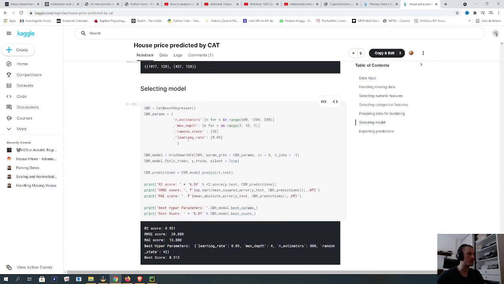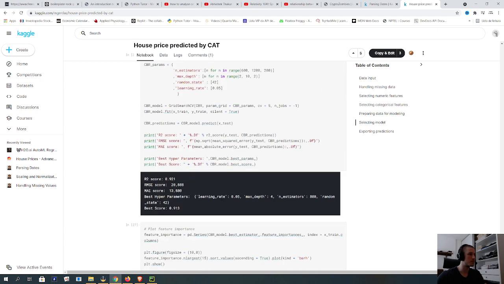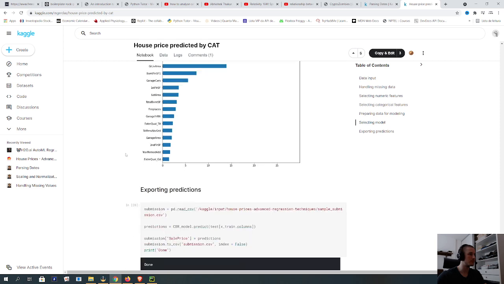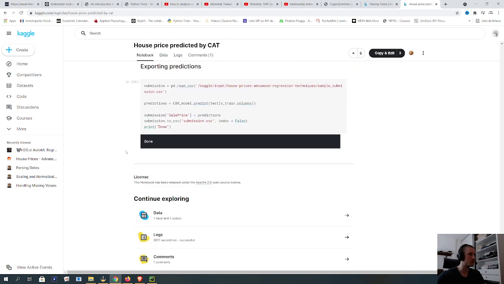So it's basically cross-validating the model here. The first part of this. Oh no, this is the whole code.